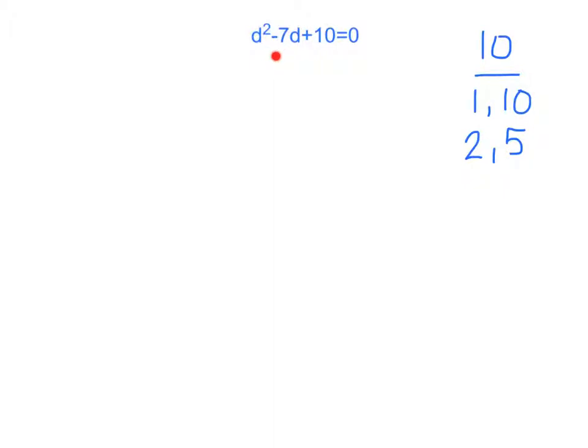Well, if we need to add to negative 7, then these all have to be negative, because a negative times a negative is a positive, so they both have to be positive or both have to be negative. So this equals negative 11, this equals negative 7, so this is what we want.